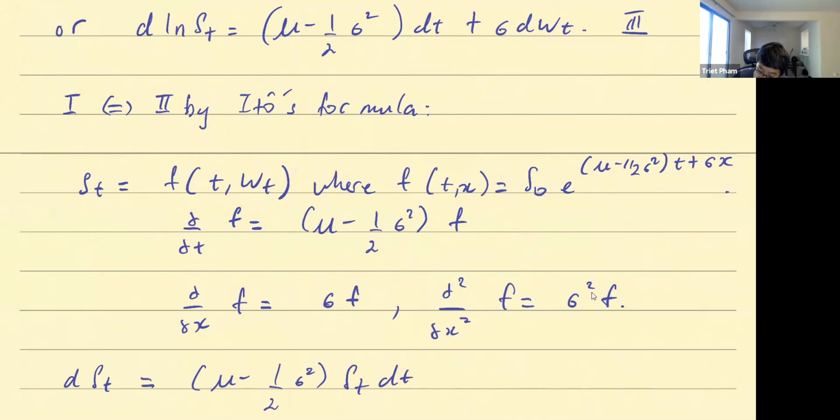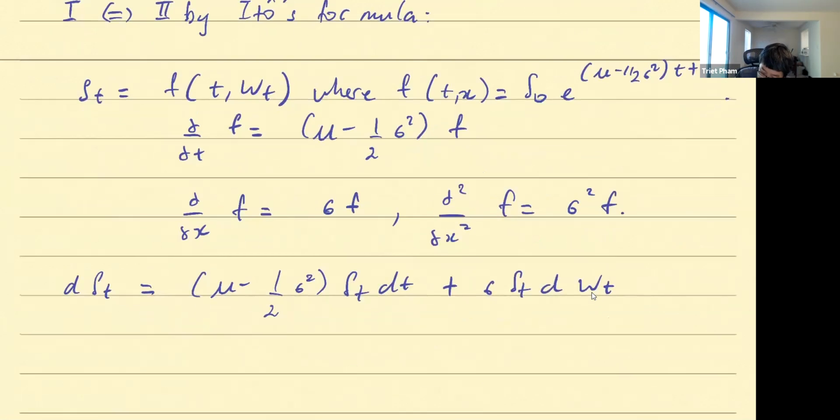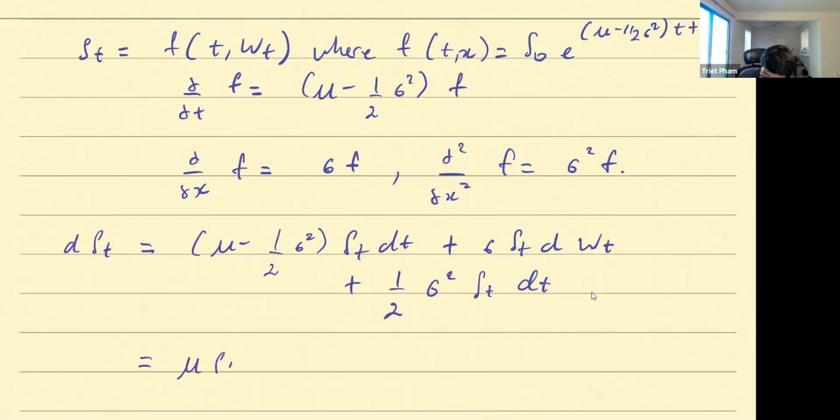And then similarly, this would plug in the Brownian motion, we got S_t dW_t. Finally, we got the last term. And we observe exactly the very, very nice thing that this part and this part cancel, leaving us with mu S_t dt plus sigma S_t dW_t as claimed.